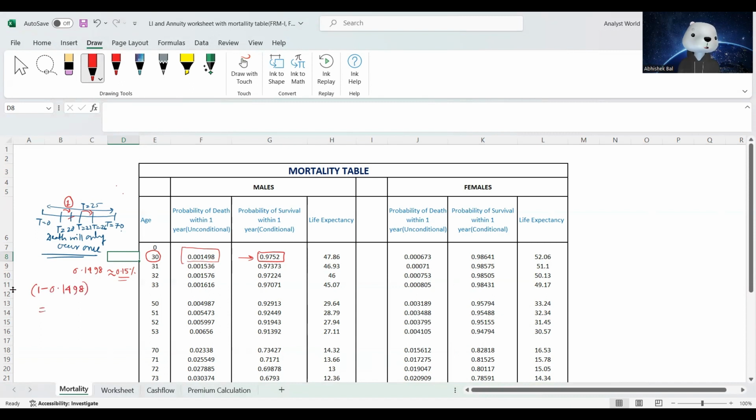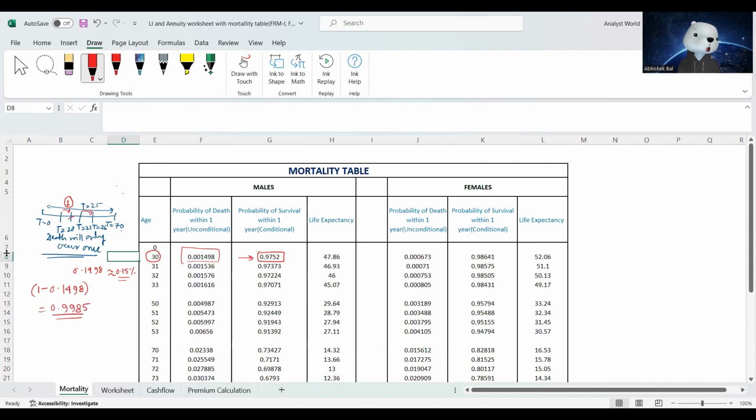This will become, let me just do the calculation at my end as well. So this in percentage is 0.1498, so 0.001498. This to be deducted from 1. So that happens to be 0.9985.